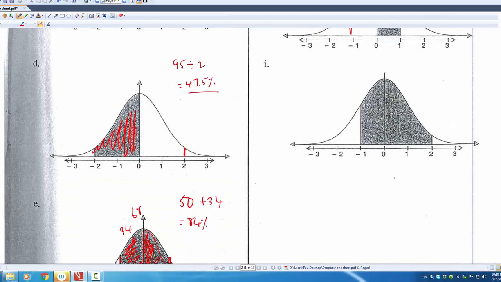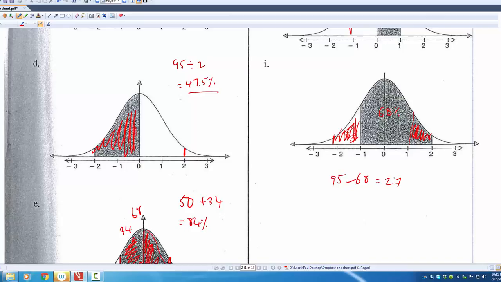Alright, and the last one here, I think we've done one similar to this as well. I know that 1 standard deviation to the left and the right is 68. 2 standard deviations is 95. So what I do is I remove 68 from 95 and I get 27. 27 is this bit here and this bit here.